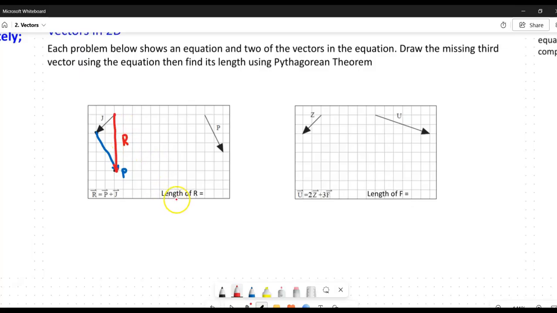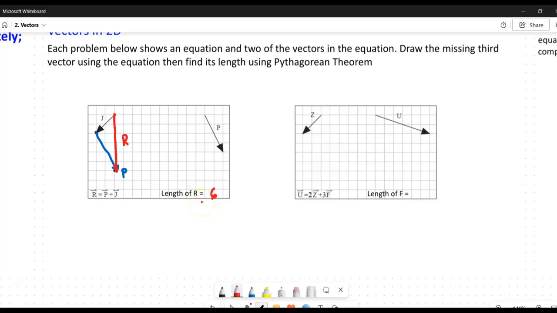And over here, you're supposed to figure out the length, which is pretty easy in this one. Since it's already aligned in a direction and not a diagonal, you can just count. So this is going to be 1, 2, 3, 4, 5, 6. So this is going to be 6 down. It's not negative or positive.